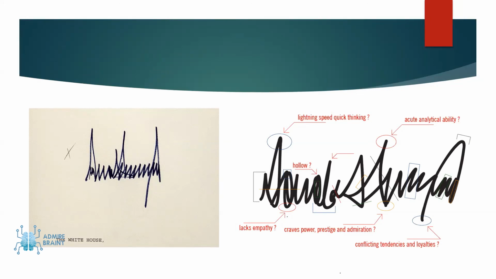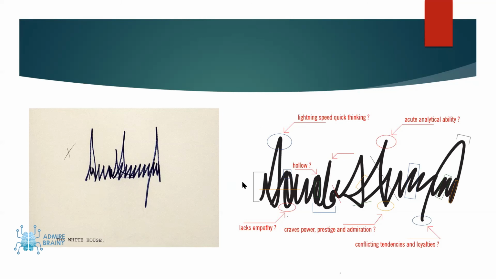There are a lot of straight lines and cutting edge angles over here, so this implies that the person is very aggressive. I'm not going to discuss the points already mentioned on the right side of the picture, but absolutely, Donald Trump has a very aggressive personality, and he lacks empathy as well.